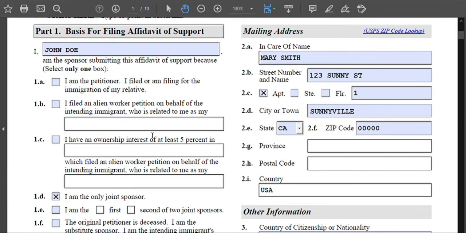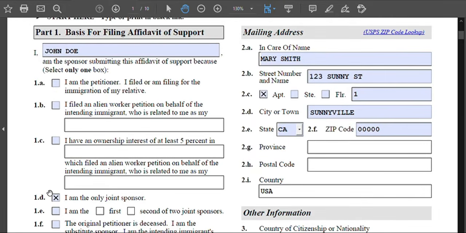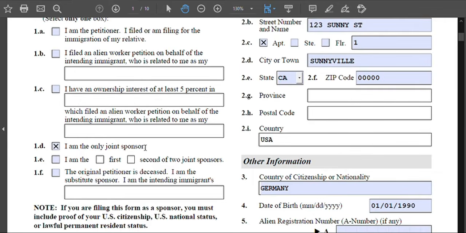And next, you're going to have to select who you are as the person filling out this affidavit of support. And obviously, as a joint sponsor, you would want to select 1D. If you know that there are two different joint sponsors, this option right here, 1E, will only apply in situations where the petitioner who is trying to immigrate their relatives is helping immigrate a very large family, for example, and they require help of two separate independent joint sponsors to sponsor different family members.